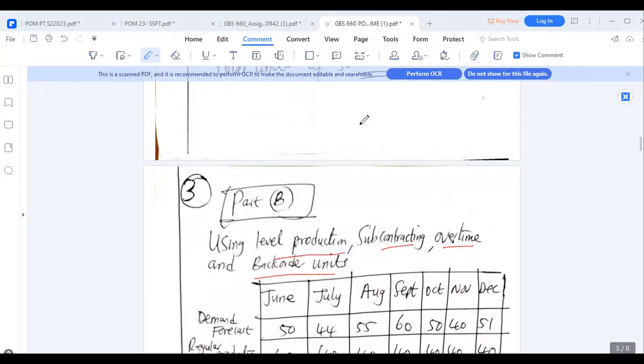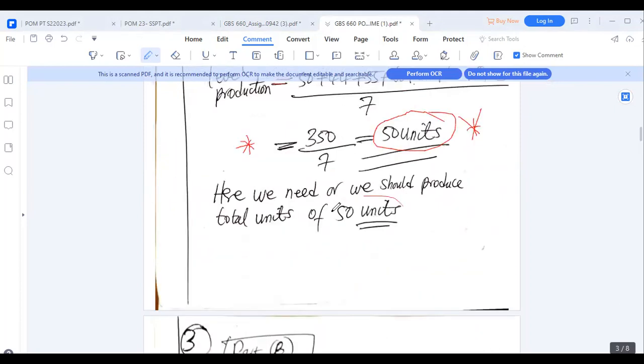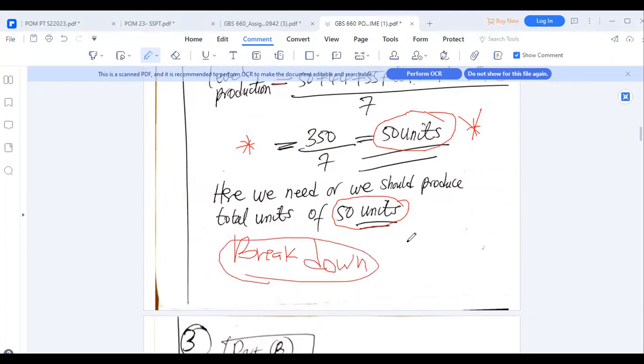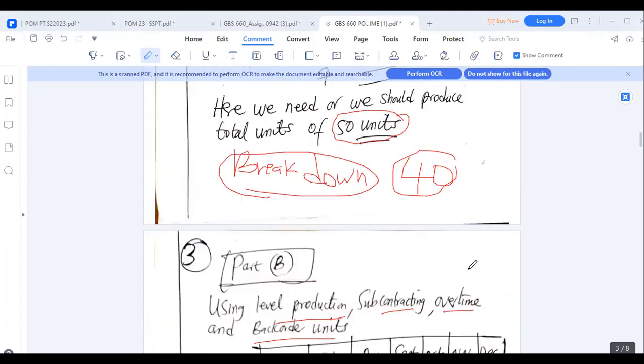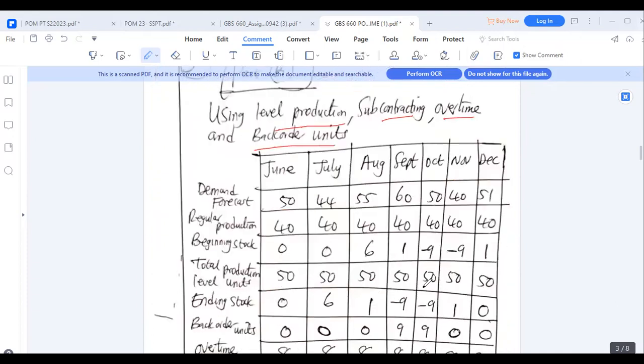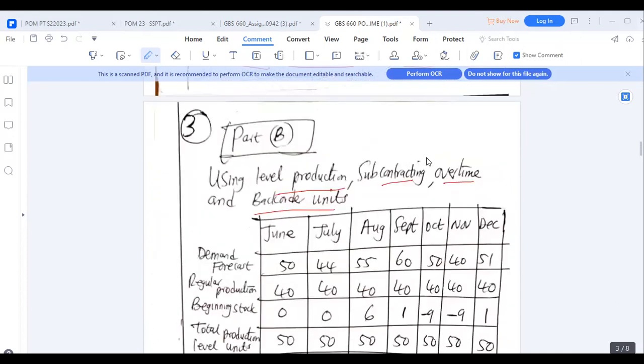Even if we're going to produce a total of 50 units, this should have a breakdown. So what would be the breakdown? The breakdown of this total production of 50 units will be that 40 will be on a regular basis. All right, so 40 is on a regular basis from the total of 50 units.